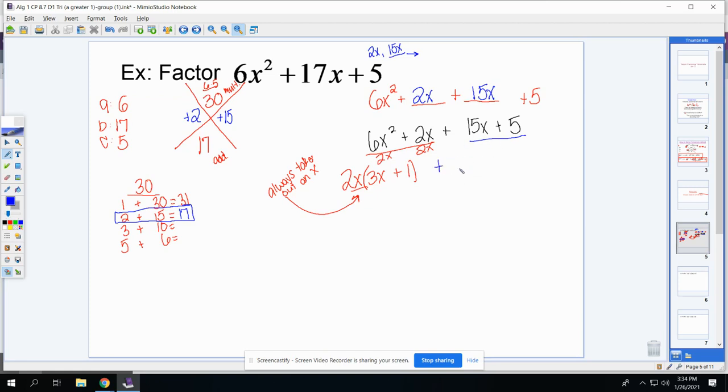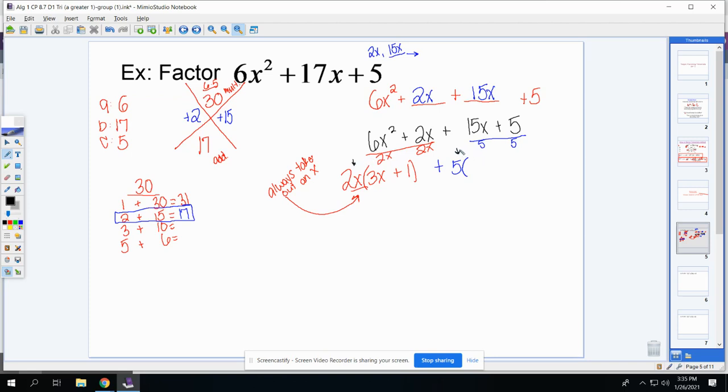Over here, we need to take out a GCF. Between 5 and 15, we will probably be taking out 5. 5 goes into both terms, so 5 is the number we need to factor out. Notice in the first example, we did take out an x.